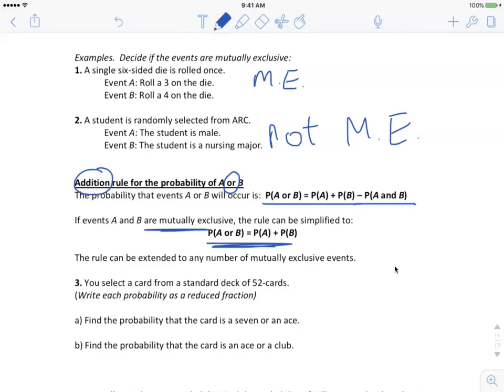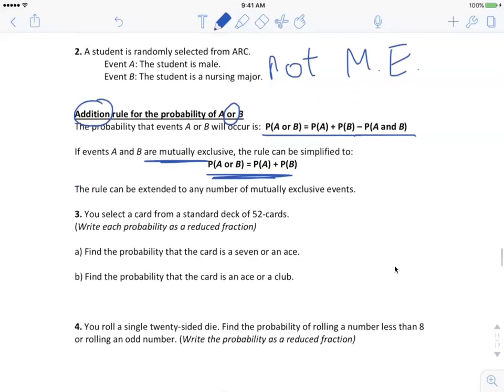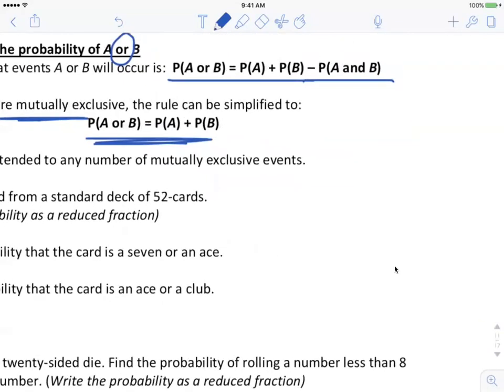Okay, so let's see if we can make sense of this going through some examples. Number 3, you select a single card from a standard deck of 52 cards. Find the probability that the card is a 7 or an ace. So, probability of 7 or ace. Let's try to stick to that formula precisely, right?